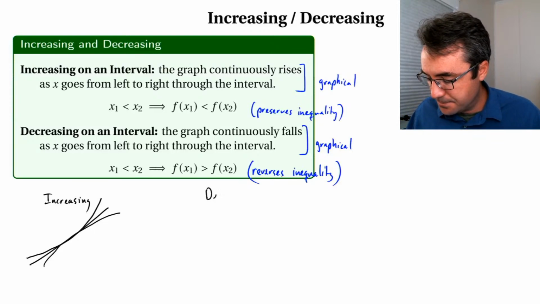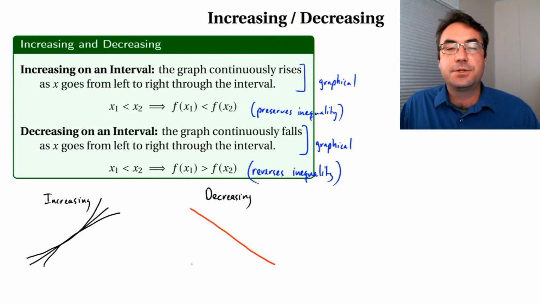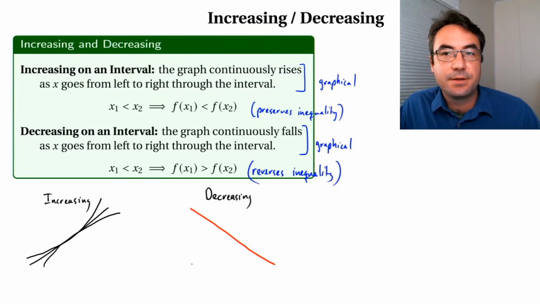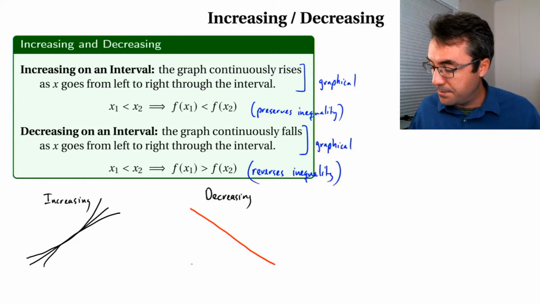Now decreasing, maybe I'll give these some different colors. Decreasing is following a downward trend. So maybe it looks something like that, looks sort of linear. But it might have some bend to it, some curve to it.